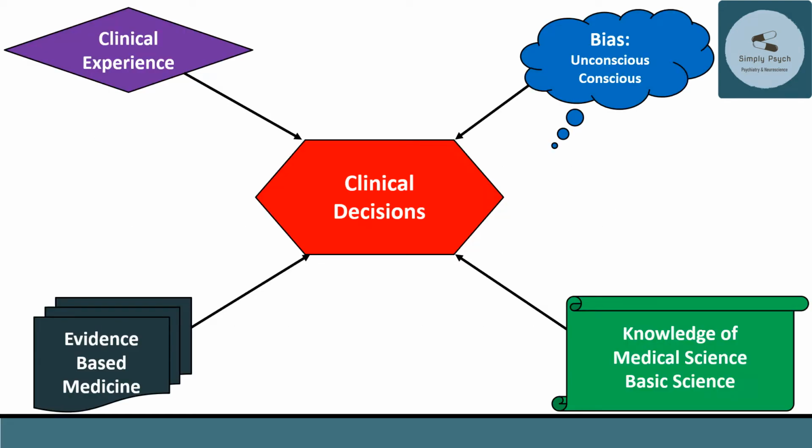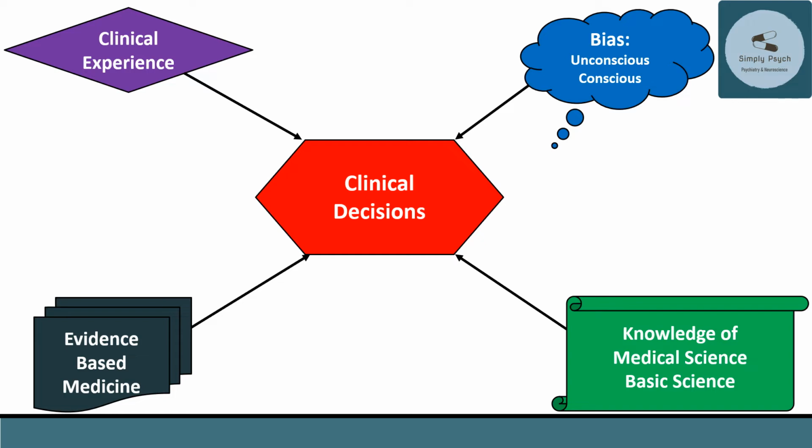So I showed this slide in the very first lecture, and I just wanted to reiterate that clinical decisions come from an amalgamation, if you will, of various things. Remember that clinical experience is just one part of clinical decision making, and it certainly should not be the only part. We should be using evidence-based medicine.